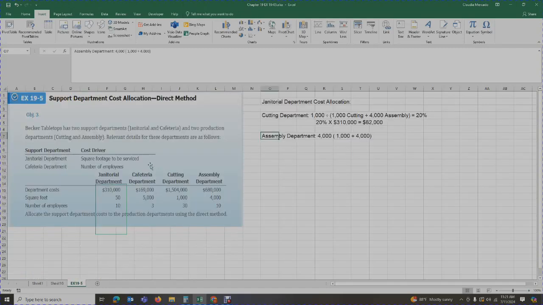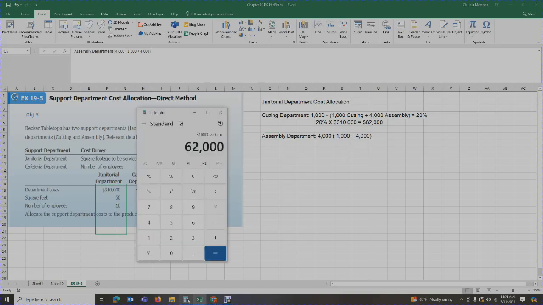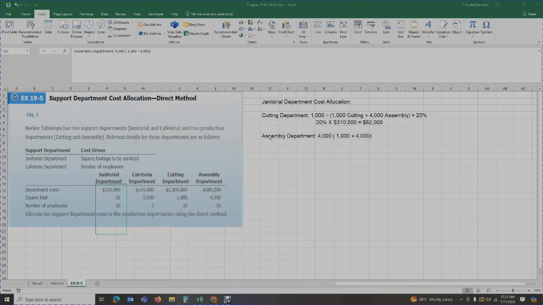So the entire cost of the janitorial department is going to be allocated to either the cutting or assembly. For the cutting and assembly, we've got 5,000 square feet to be serviced. So we have the 4,000 divided by the 5,000 total square feet. That gives me 80%, which makes sense.